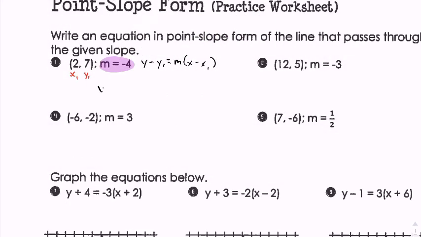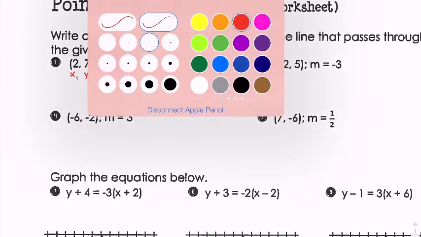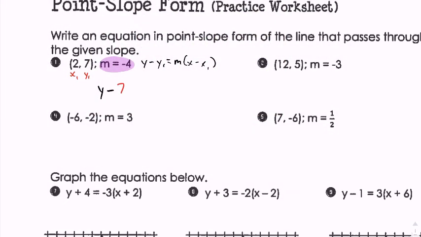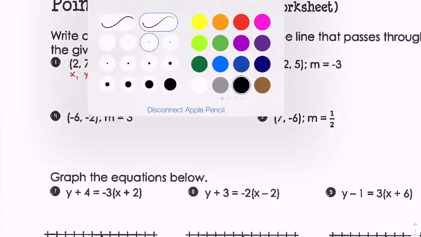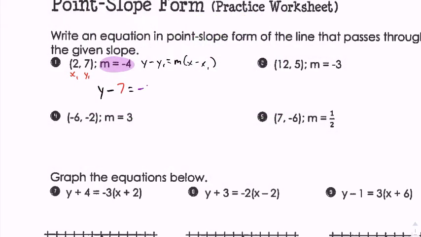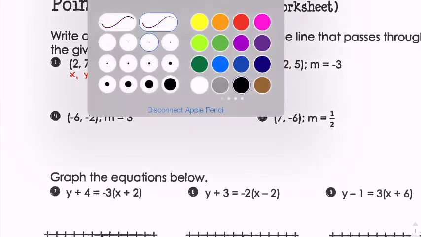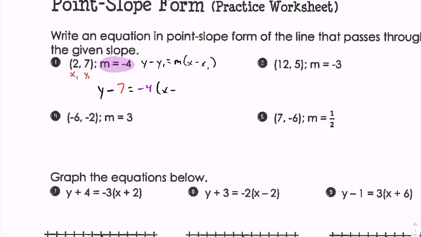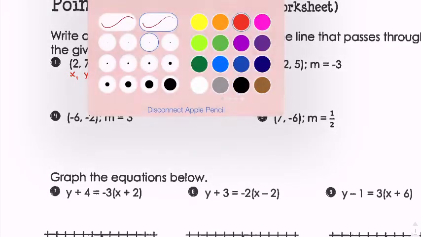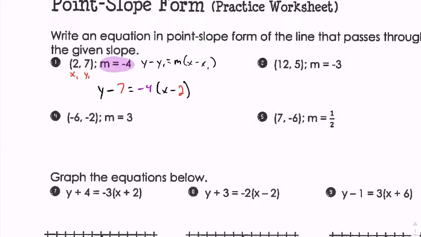So we've got y minus y1, which is 7, equals, put in your slope, and then in parentheses x minus x1, which is 2, and close the parentheses and we're done.